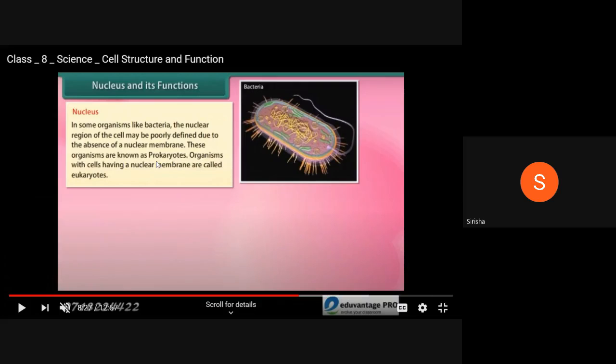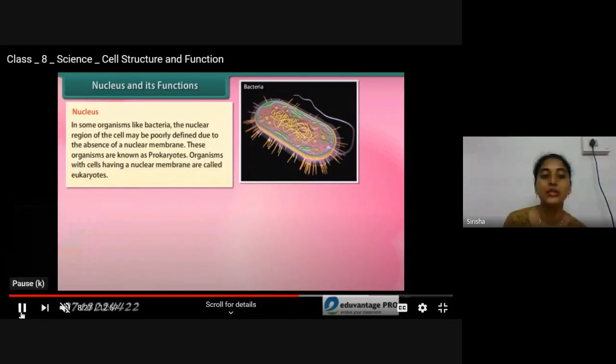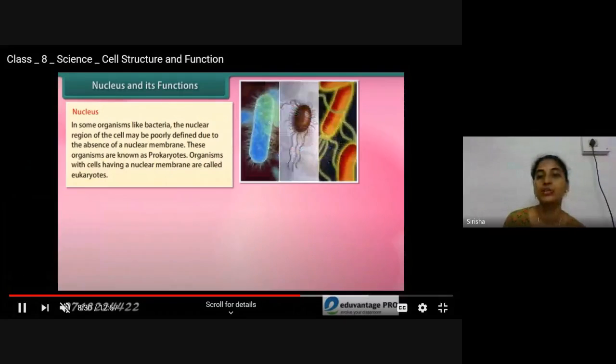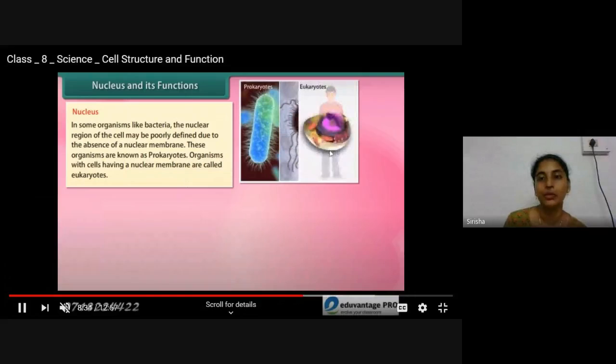Pro means ancient. Prokaryotes are called ancient organisms. Organisms with cells having a nuclear membrane are called eukaryotes. Eu means true, cells which have a nuclear membrane. For example, a human being is a eukaryote, whereas bacteria is a prokaryote.